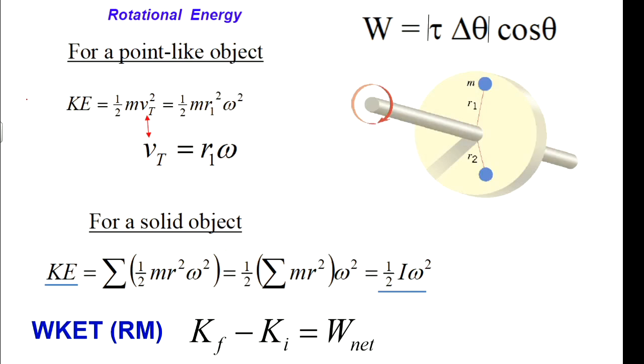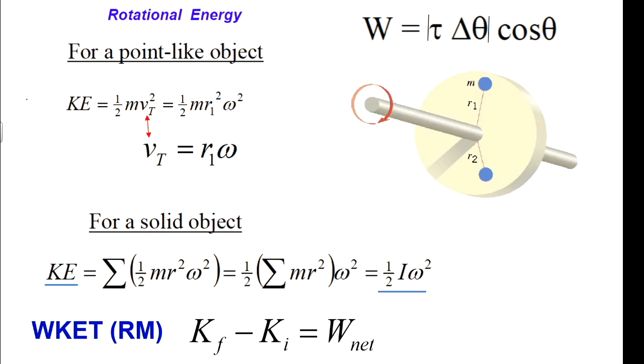An equation at the top tells us how to calculate work when a torque makes an object spin about a fixed axis. But basically, we don't really need that equation. We need this equation. This is the old-fashioned work-kinetic energy theorem. And we just have to say something new about kinetic energy. When an object makes a translational motion with no spinning, kinetic energy is equal to mass times speed squared over 2.